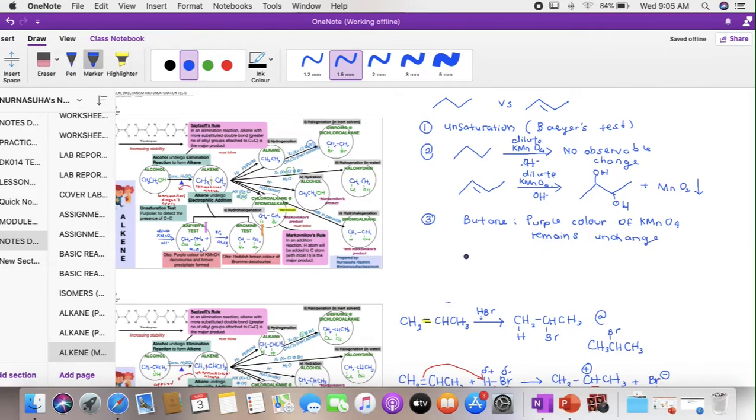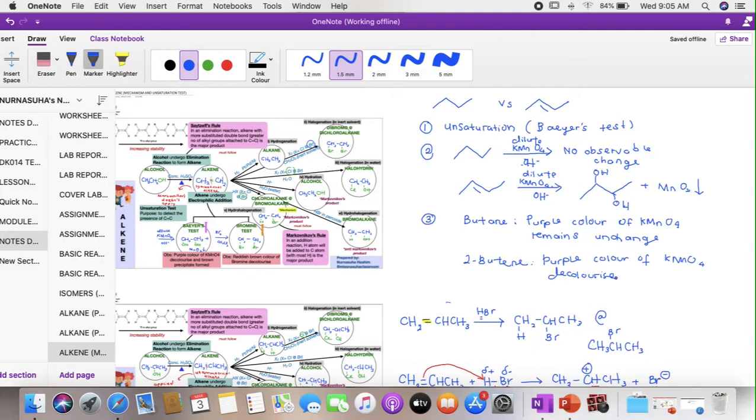Okay, so untuk 2-butyne, purple color of KMnO4 decolorize. Kenapa decolorize? Sebab ada double bond. Bila dia jadi OH tu, means that reaction occur.